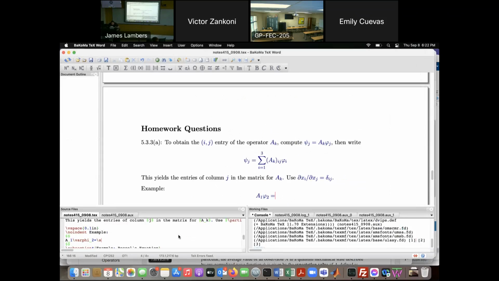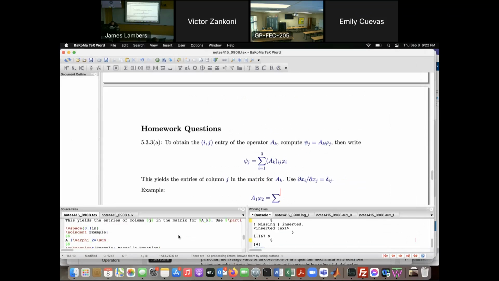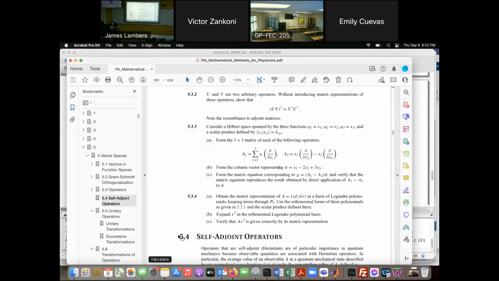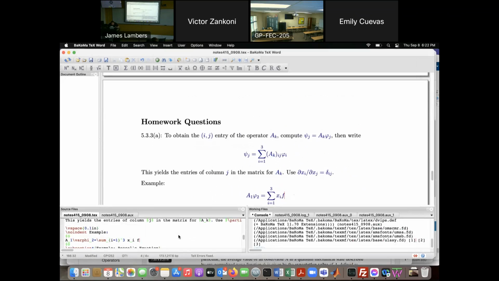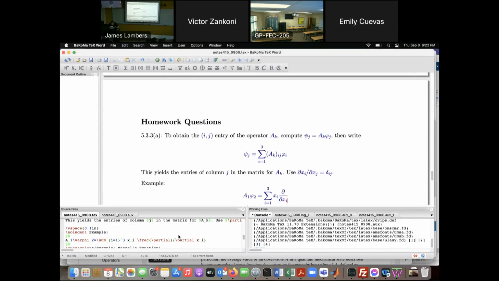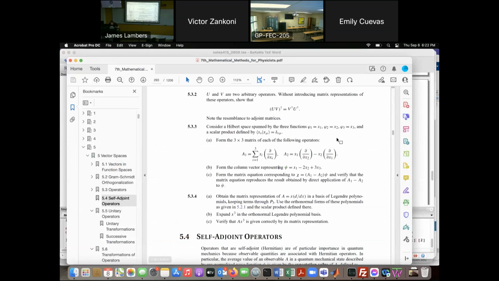Just reproducing the operator here, x_i, okay, so we have that. But phi 2 is x2.